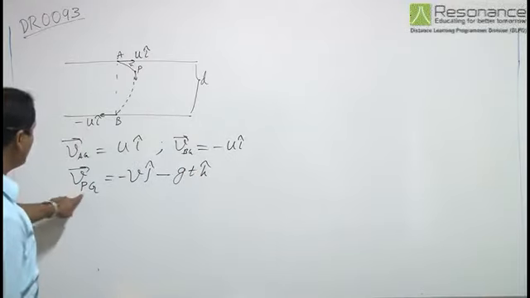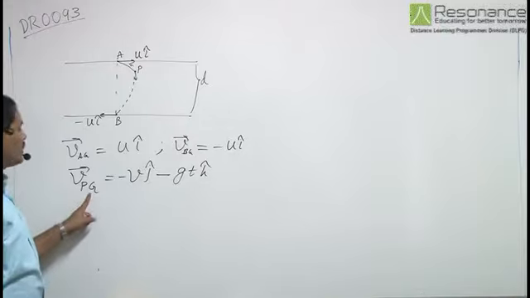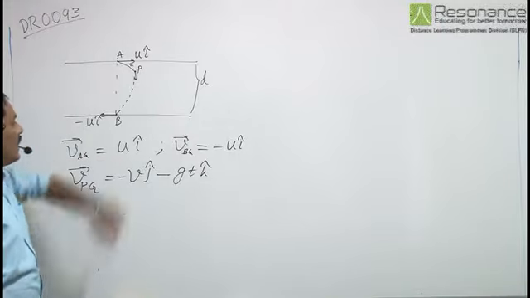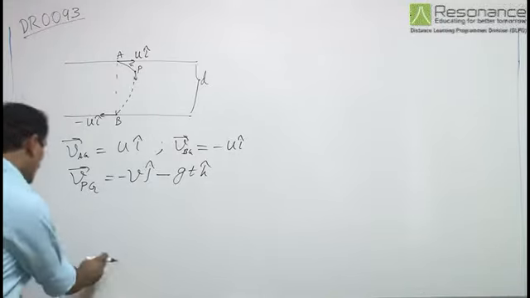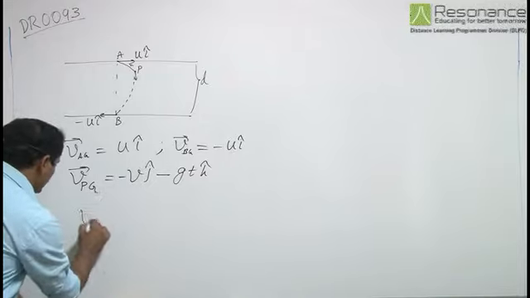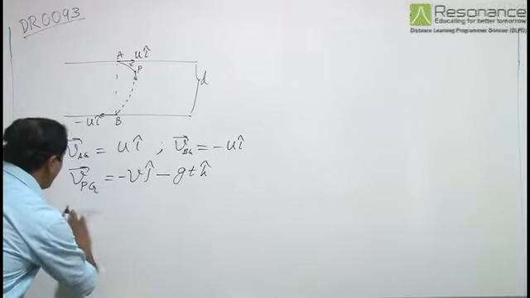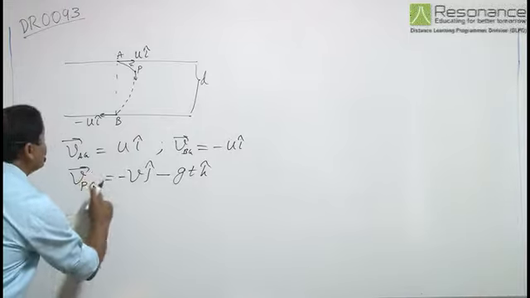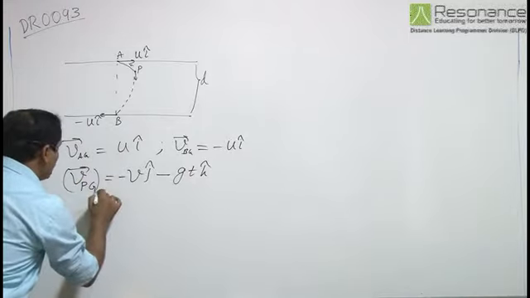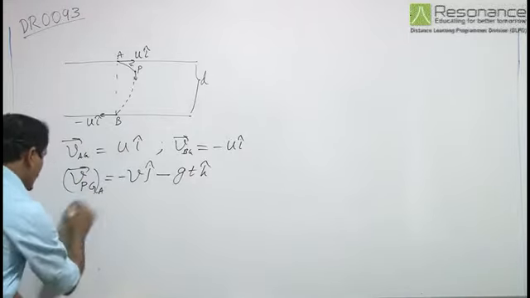This is the velocity of the particle with respect to ground from height h, when projected from A.